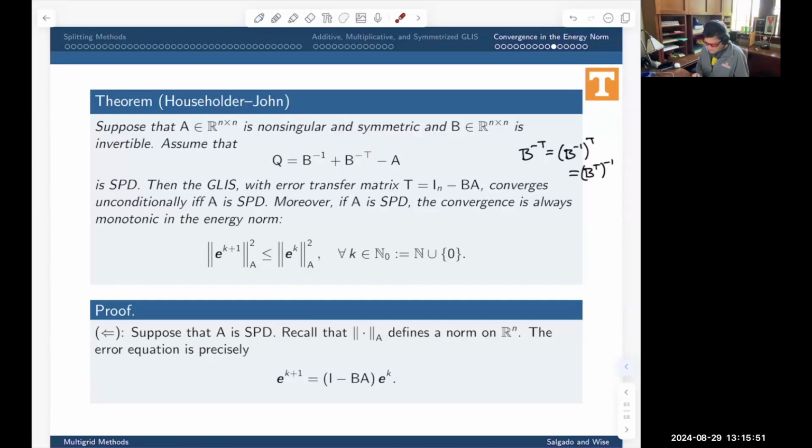Then the general linear iterative scheme with the error transfer matrix T equals I minus BA, as it's always defined, converges unconditionally if and only if A is SPD. If A is SPD, then the convergence is always monotonic, and we see that the error is monotonic in the energy norm. That is, it's always decreasing.